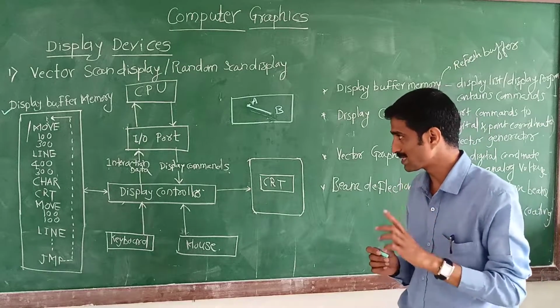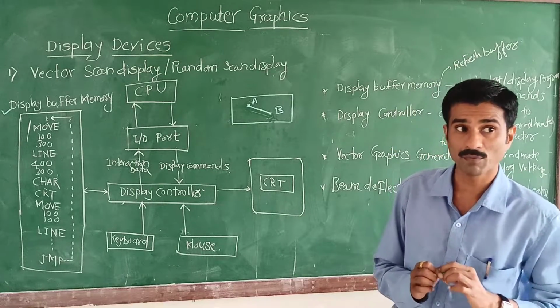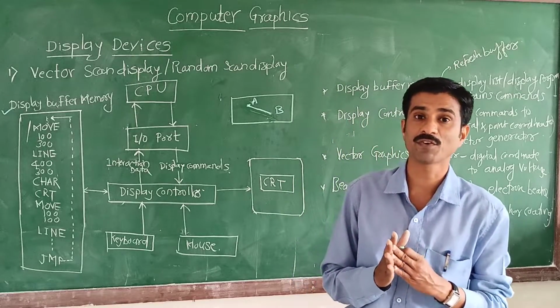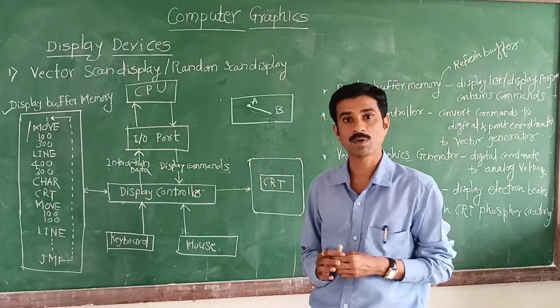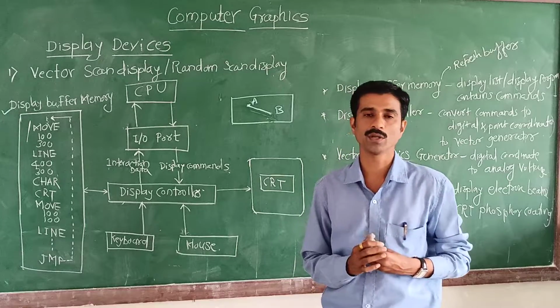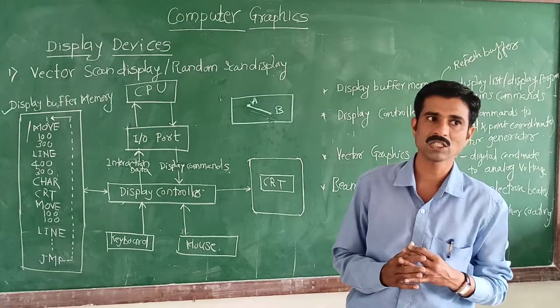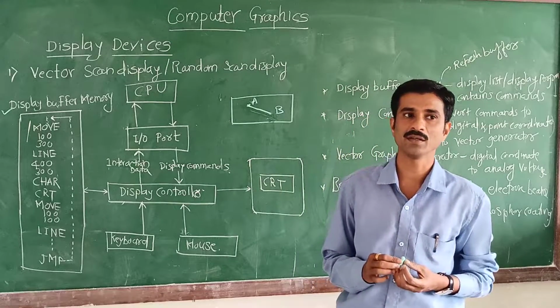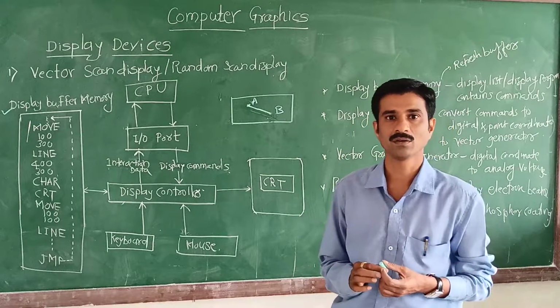Basically, the display buffer memory is storing different commands. Display buffer memory is storing different commands for drawing points, lines, characters, etc.